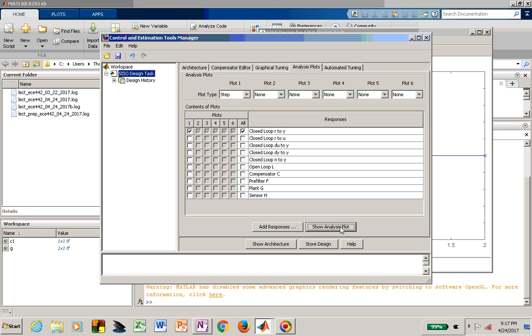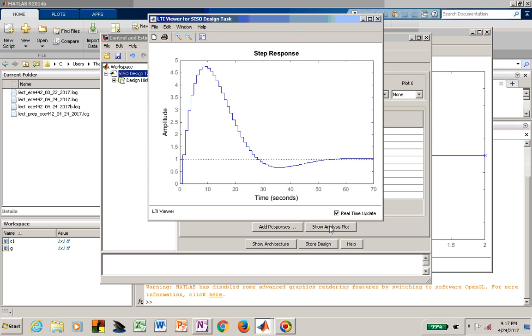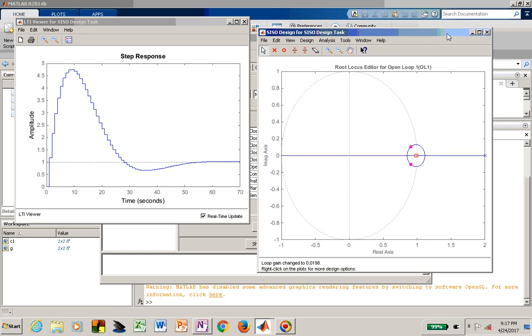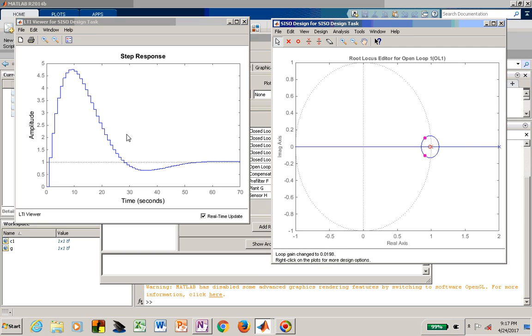So let's show that plot also. There is the step response for those closed loop poles that I've now indicated. We have quite a bit of overshoot, but because of the PI controller, we will settle to a steady state value of 1.